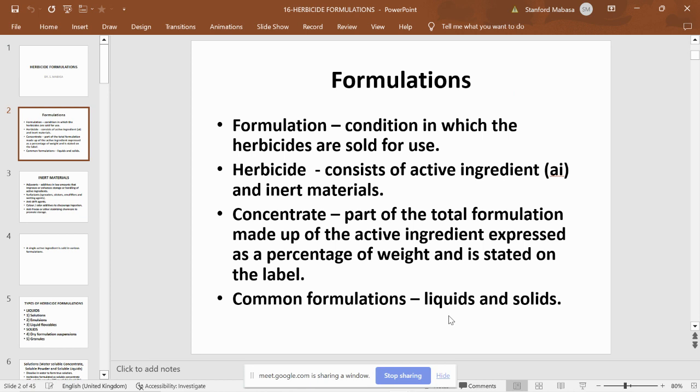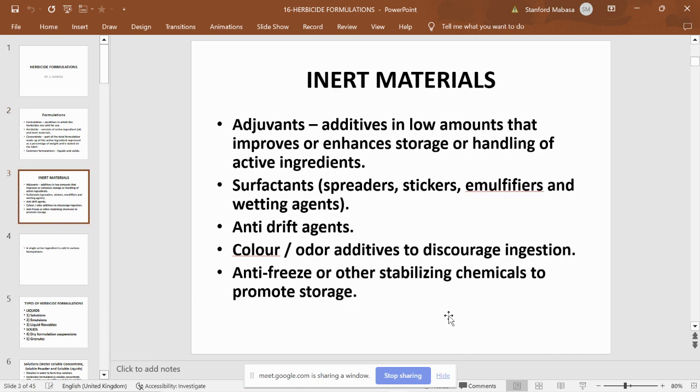Now, the common formulations for herbicides are either liquids or solids. In the herbicide formulation, we have got what we call inert materials, and these can vary depending on the herbicide and the manufacturer.